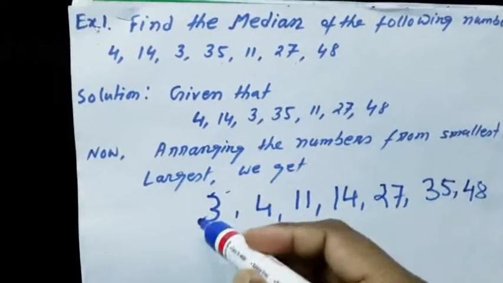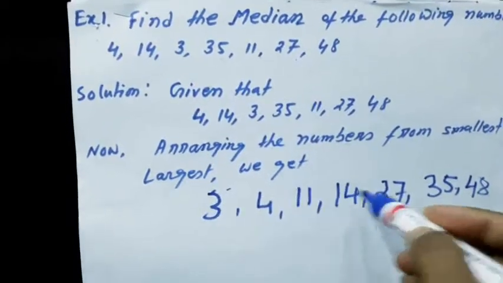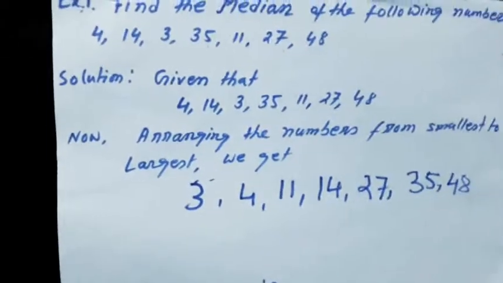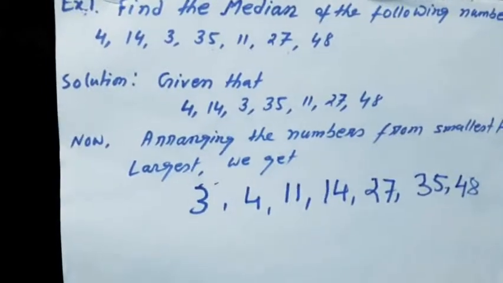How many numbers are there? 1, 2, 3, 4, 5, 6, 7. 7. So now what will be the median value?